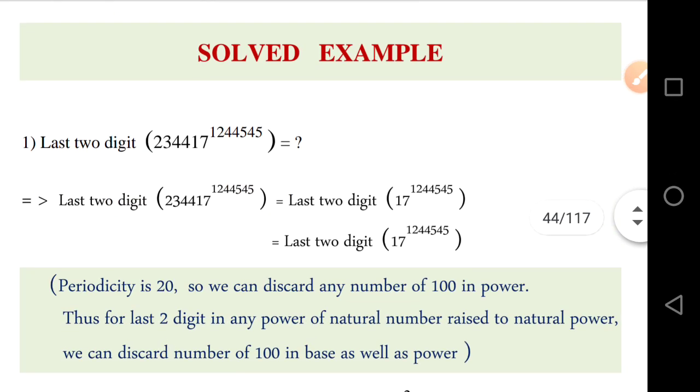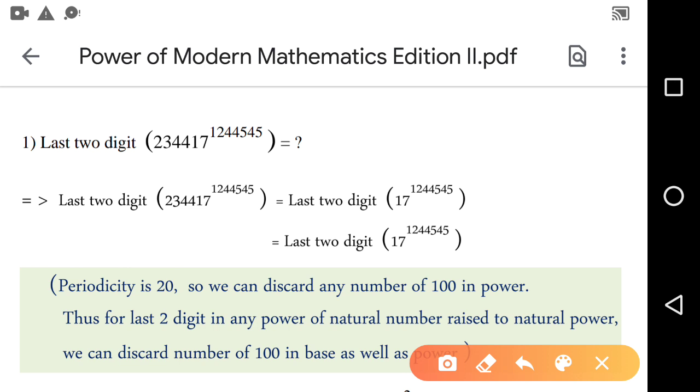Now an example. What are the last two digits of this number?